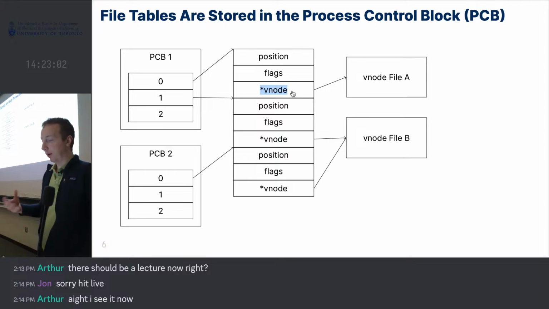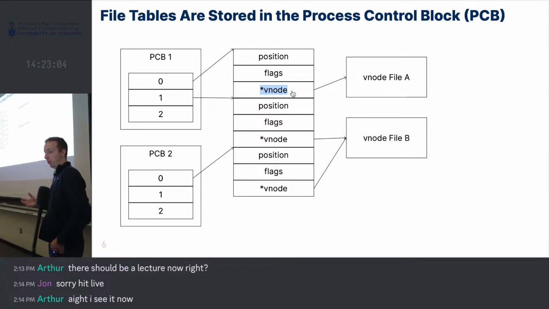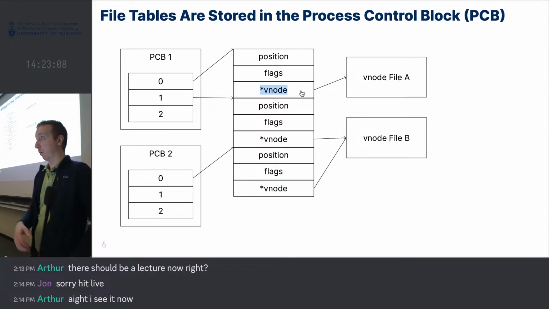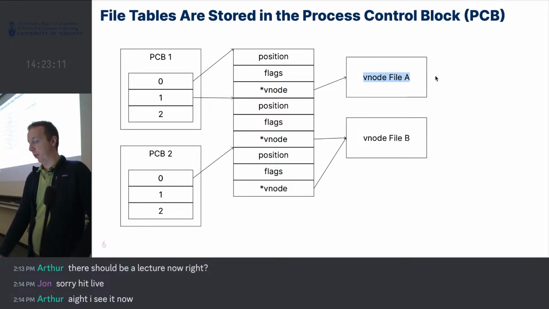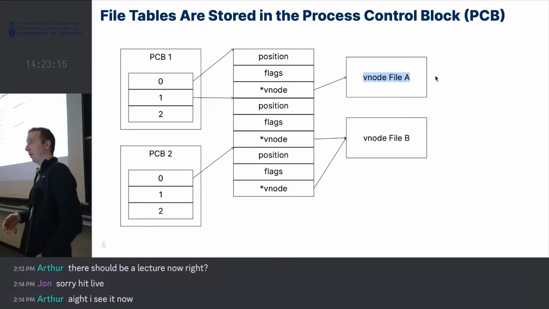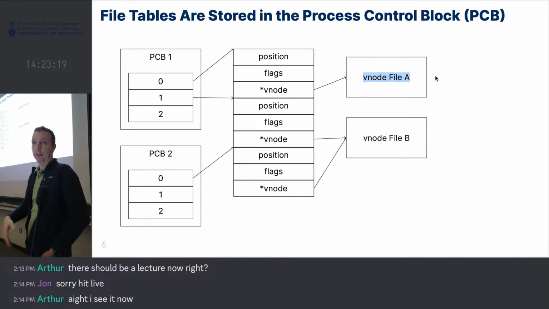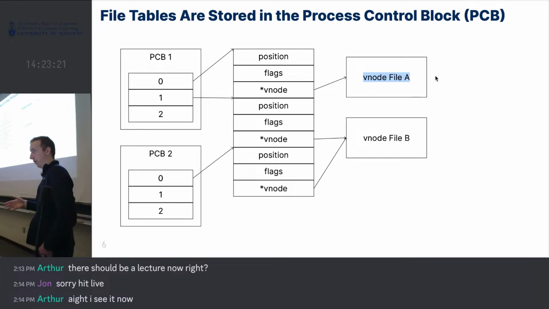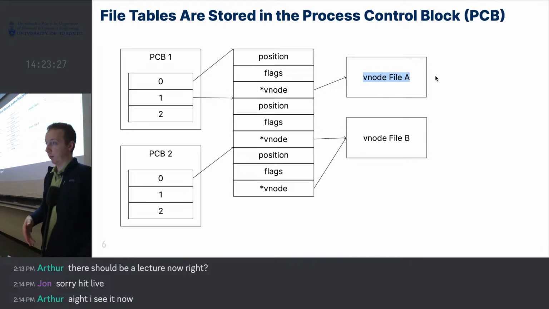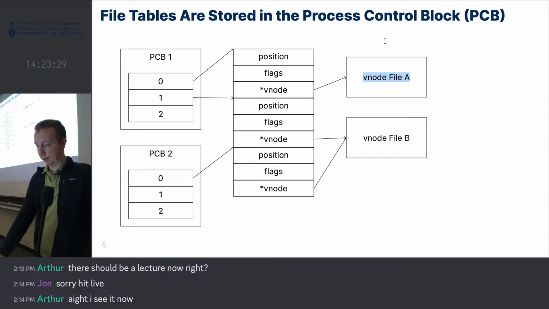So the file descriptor represents a whole bunch of different things. The vnode would, in the case of a real file, point to that real file on the disk. So you can have multiple file descriptors that point to the same file that have a different internal position. If I access it through this file descriptor, it might start accessing it from the beginning. If I access it through another file descriptor, it might start accessing it from the end.